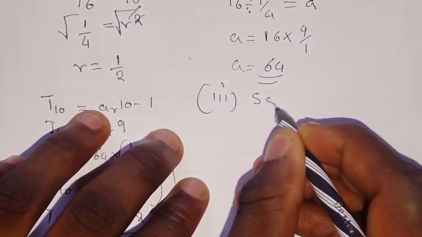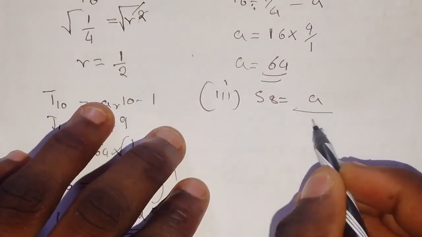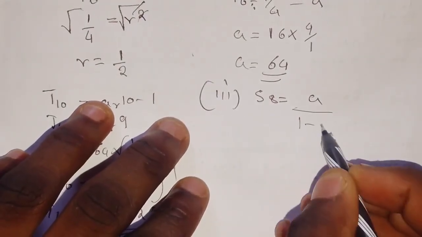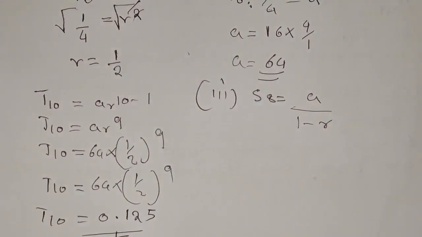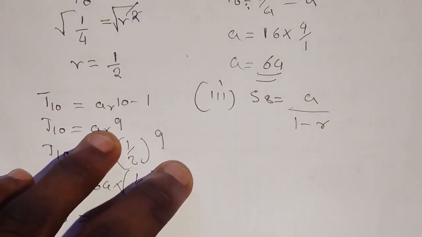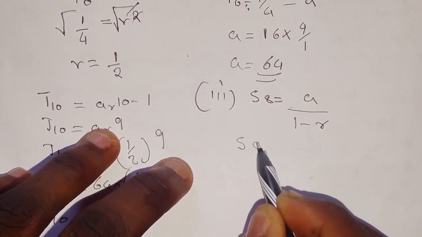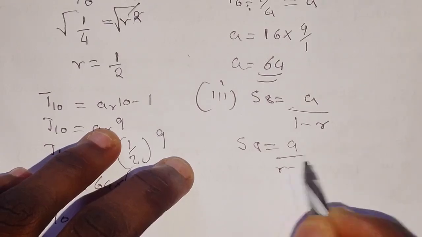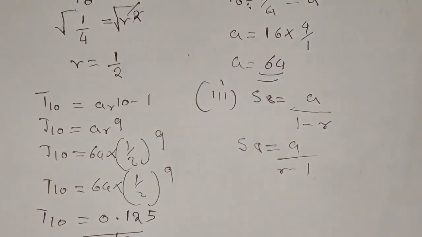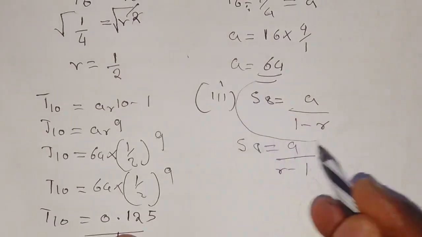Sum to infinity is given by the formula a over 1 minus r, when r is less than 1, but when it's greater than 1, you use the formula sum to infinity is equals to a over r minus 1. Okay, so since our r is 1 over 2, that means our r is less than 1, so we're going to go with this one.